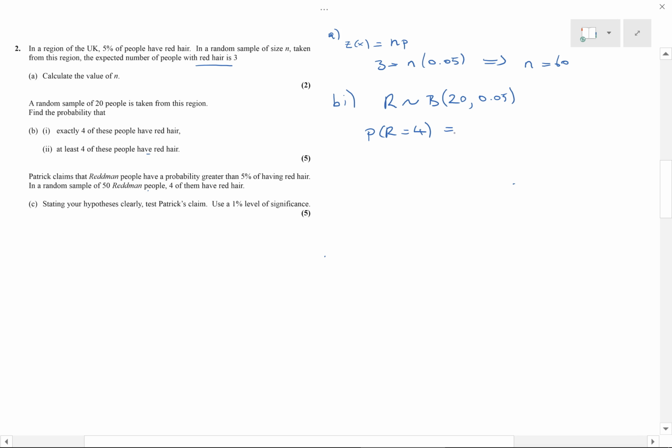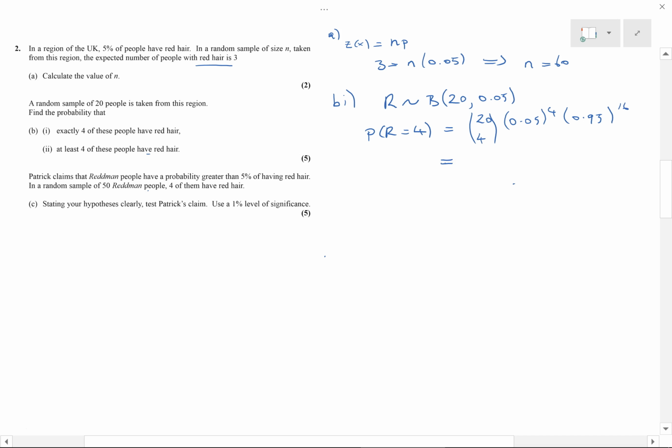So applying the formula, that's 4 out of 20 successes. The probability of success is 0.05, so that's to the power 4. The probability of failure is 1 minus that, which is 0.95, and that is to the power 16.